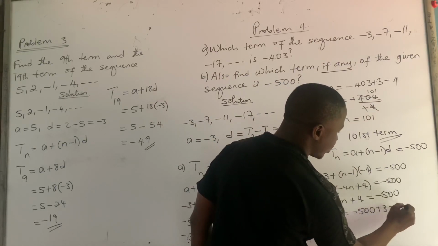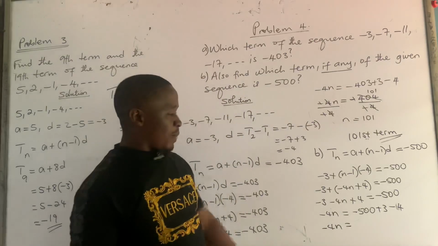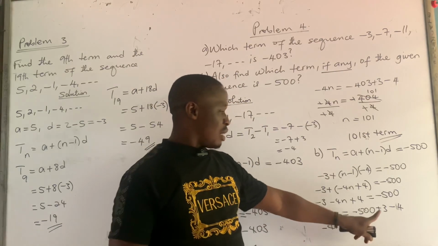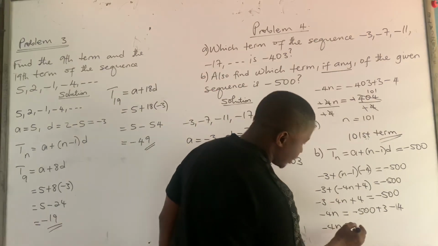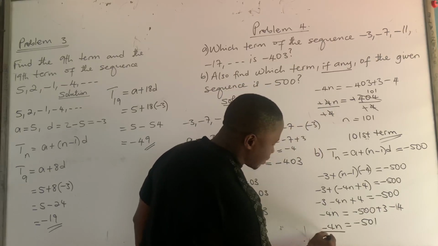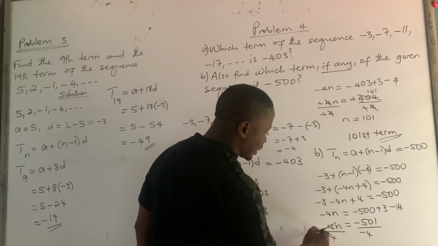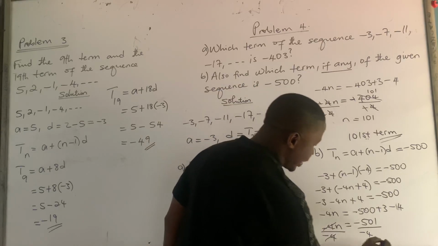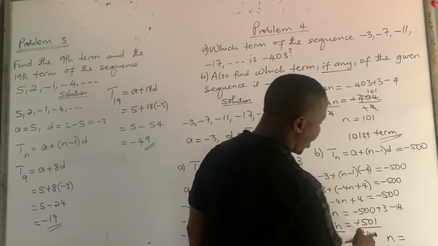Minus 4. So minus 4n is equal to minus 500 plus 3 minus 4, which is minus 501. So we divide both sides by minus 4. Minus 4 takes away minus 4, leaving n alone. Minus takes away minus. 501 divided by 4.